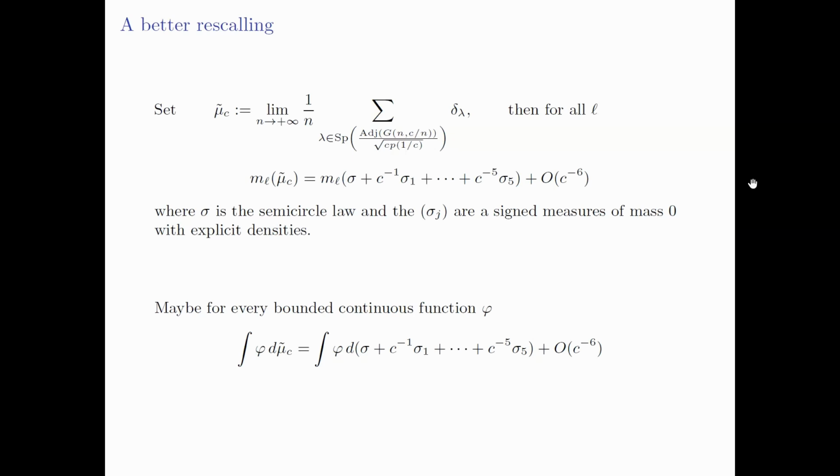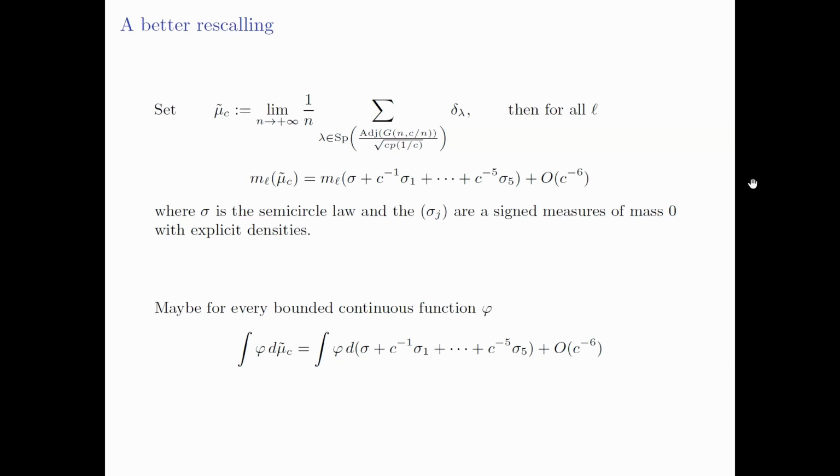For this new one, when we look at the moments, they are the same as the moments of very nice distributions plus an error term. And here we go up to order 5 because that's how much we computed of the coefficients of P, but of course, someone could compute more, and we believe there is no end to this process.